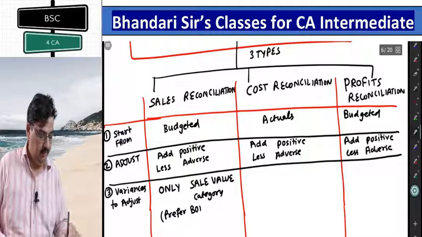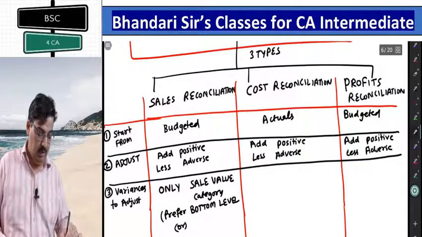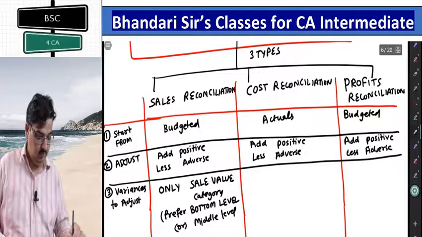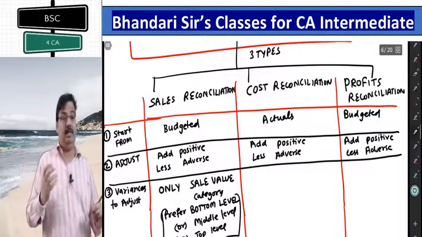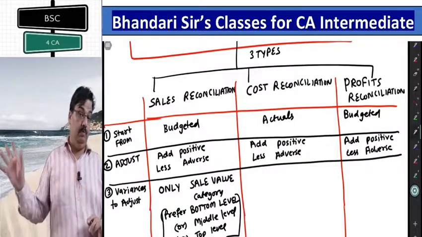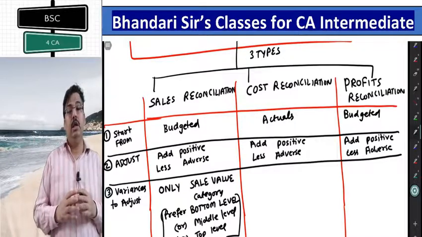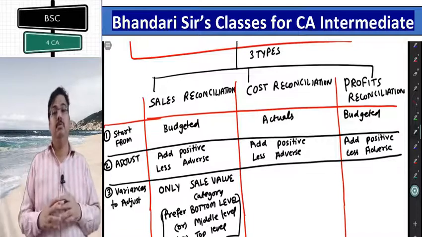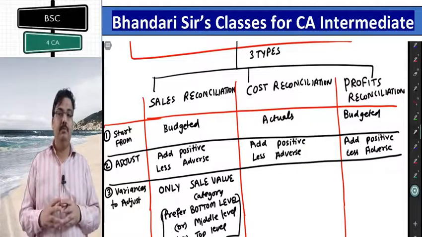Prefer bottom level, or if not possible, then middle level or top level. There should not be any duplicacy. Means if you have put total sale value variance, then don't put price and volume. If you put price and volume, don't put mix and quantity, sorry. Bottom level.